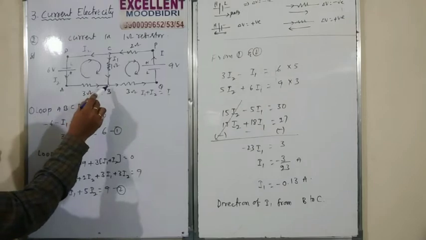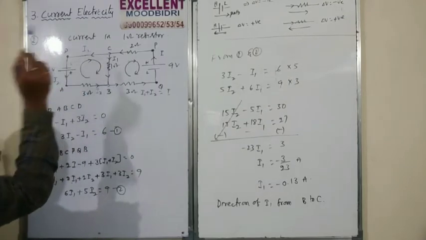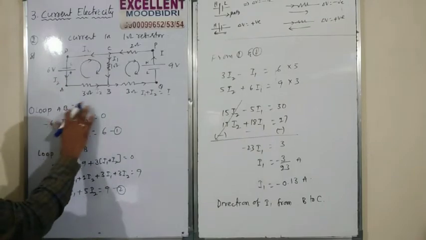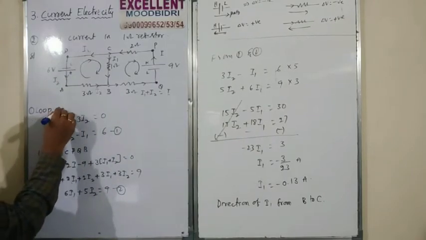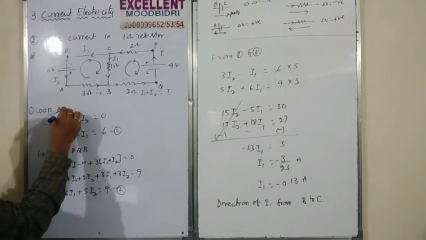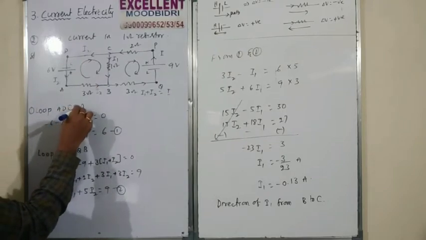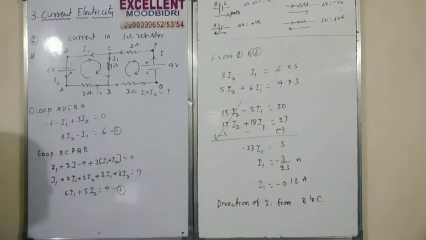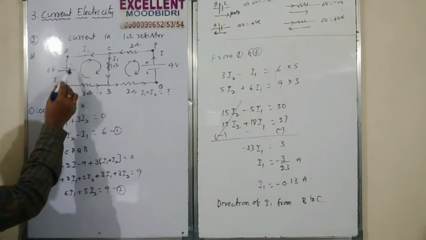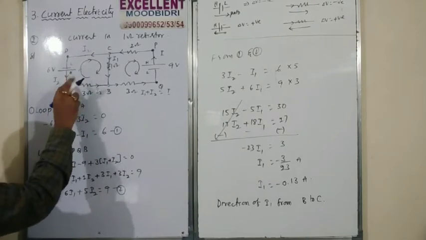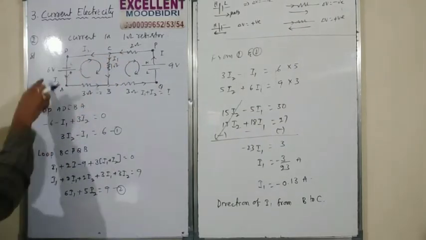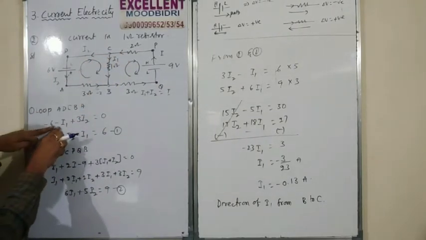Now first loop A, B, C, D. I took the loop clockwise, so A, D, C, B, A. That is our loop. This is the higher, this is the lower. My path direction is from higher to lower, and higher to lower is negative. So 6 volt minus.